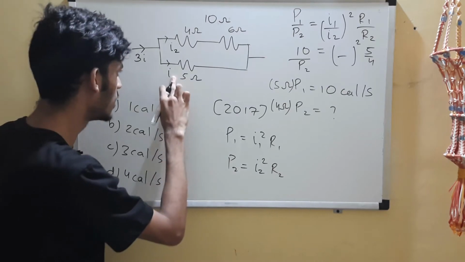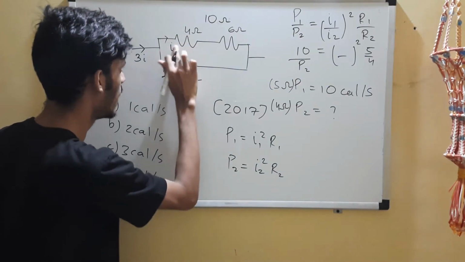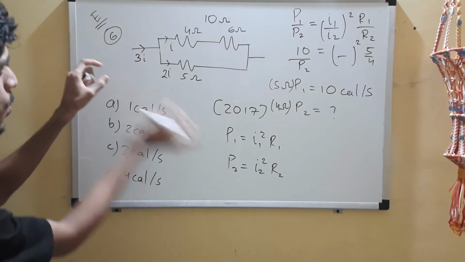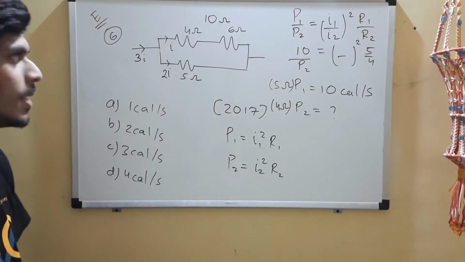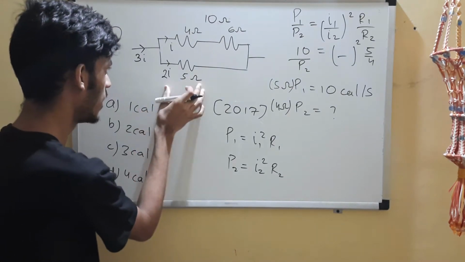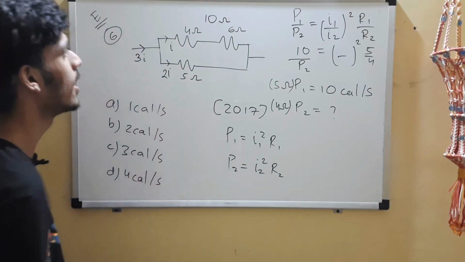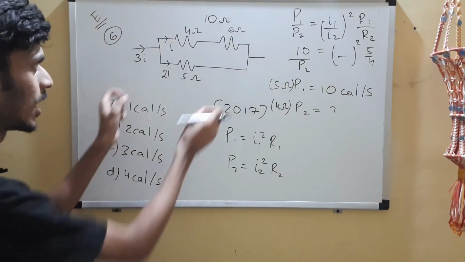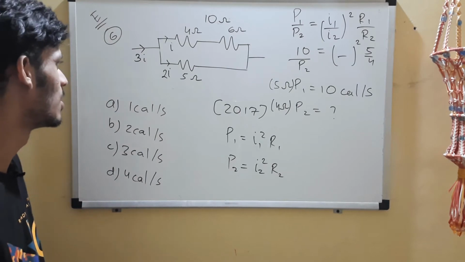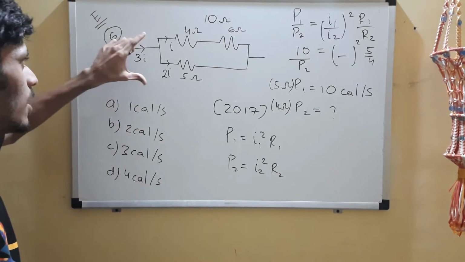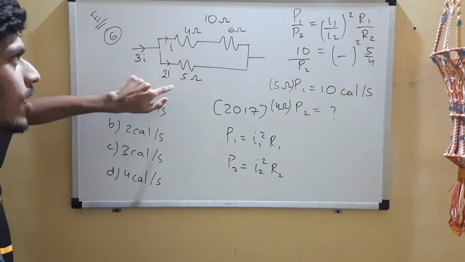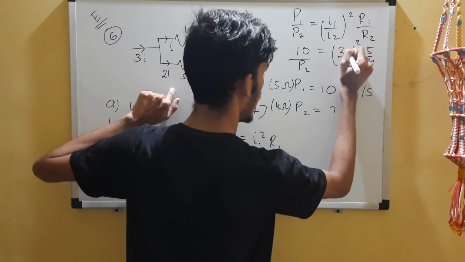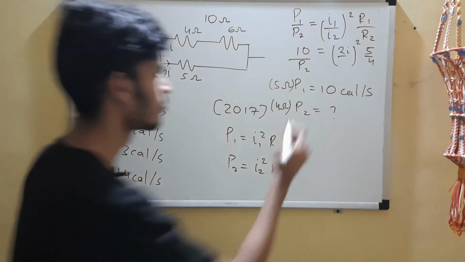You can see that it will split as 2I and I, because the resistance is less over here, it will be 2I there and I here. 2I into 5 is 10I, and here also 10I, equivalent resistance into I, so the potential difference is the same at both points. That is the logic we used to split the current. So I1, the current passing through the 5 ohm resistance, is 2I, and I2 is I.